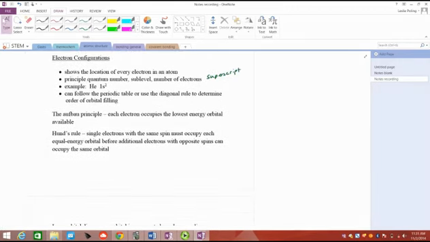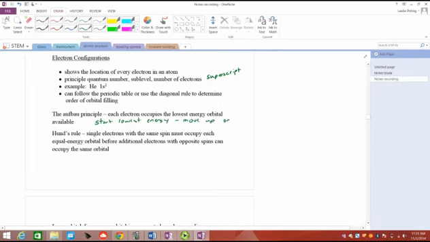So we follow the Aufbau principle, which means start at the lowest energy. Okay?